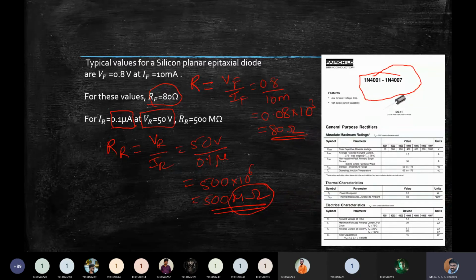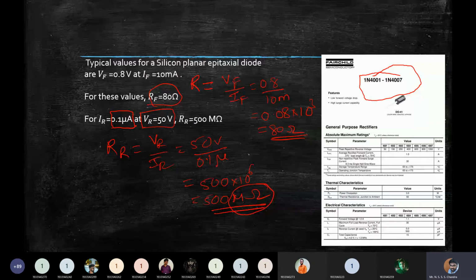It's 500 mega ohms we have got. It means that a diode offers very large resistance in the reverse bias. It is as if there will not be any current flowing through the diode, because the diode offers very large resistance in the reverse bias.